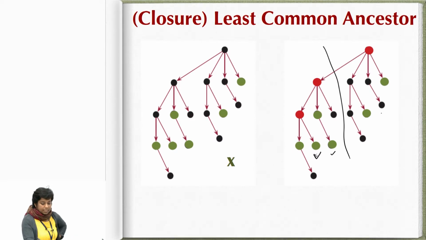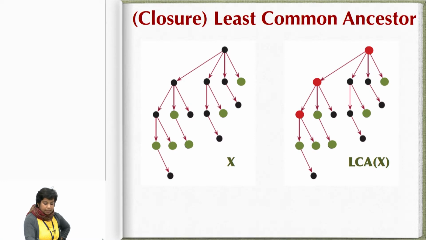Now I move on to this side. Between this guy and this guy, who is the least common ancestor? Actually the root, right? They do not have a common edge in the root-to-vertex path, so the root is the only ancestor they have.